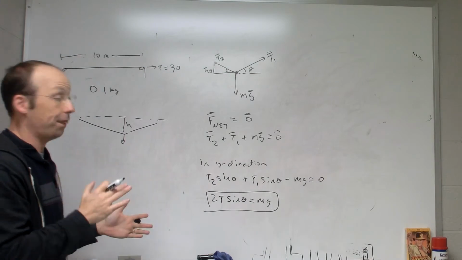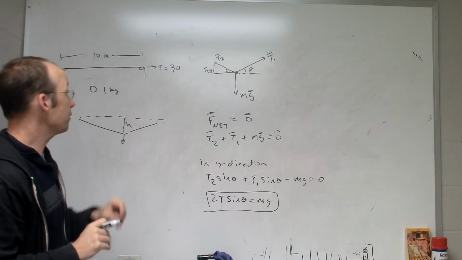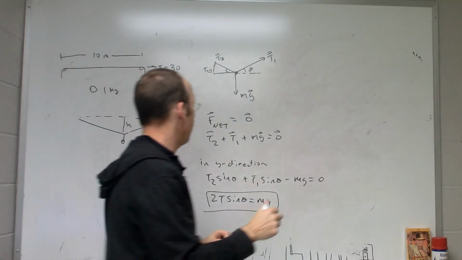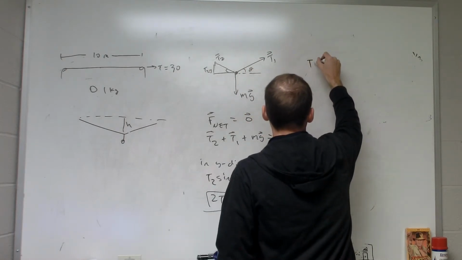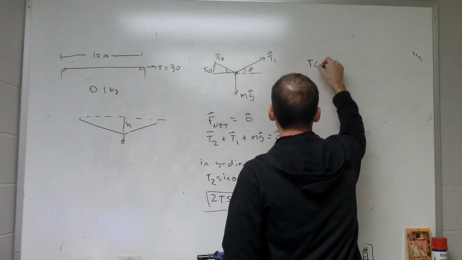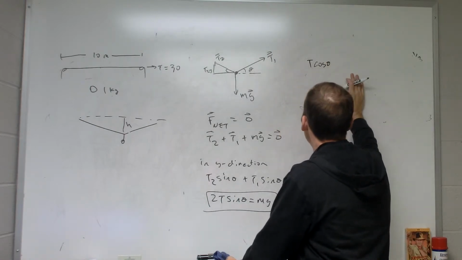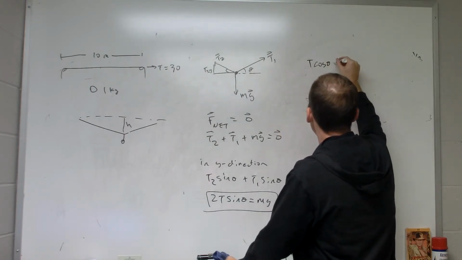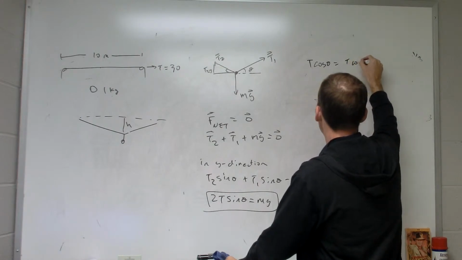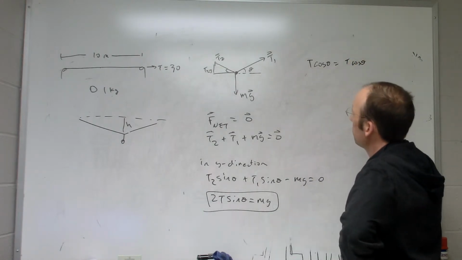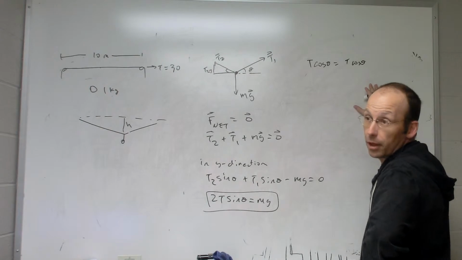I want theta. Now let's look at the x direction. The following has to be true. I'll just leave this as T. T cosine theta. Did I make an unsolvable problem? T cosine theta equals T cosine theta. Sometimes this happens.